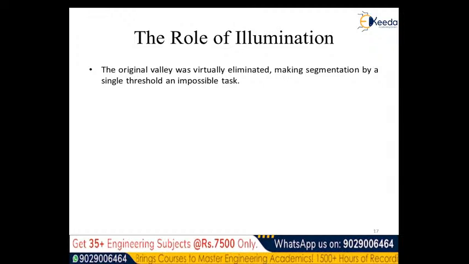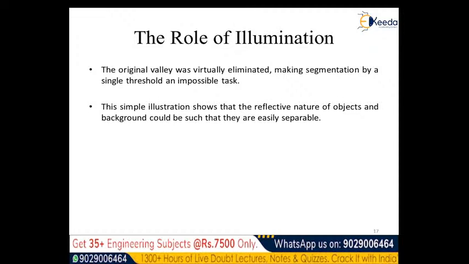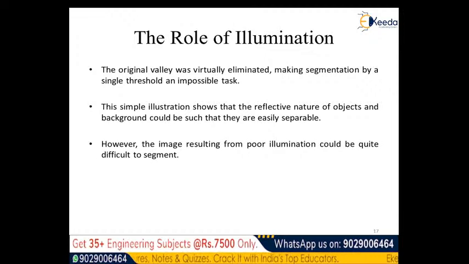Here we cannot separate out the two regions with a single threshold. Now, this simple illustration shows us that the reflective nature of the objects and the background could be such that they are easily separable. However, the image resulting from poor illumination could be quite difficult to segment.